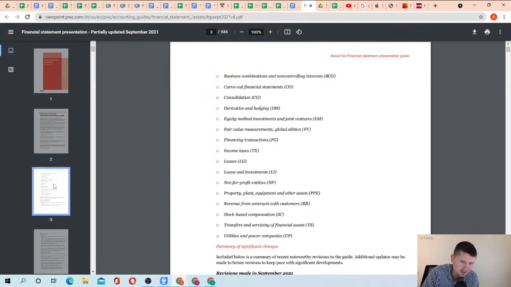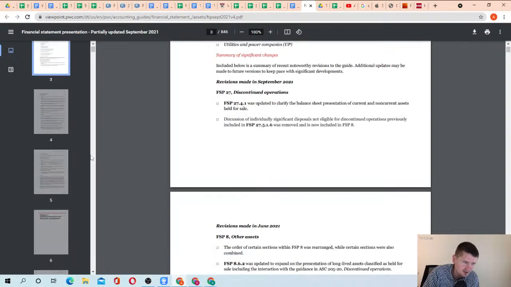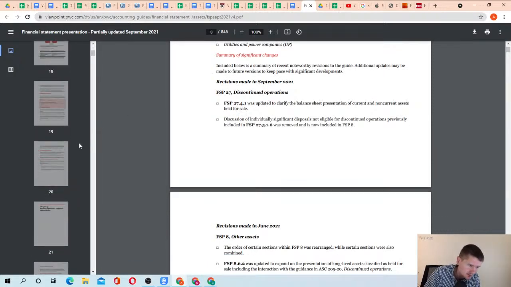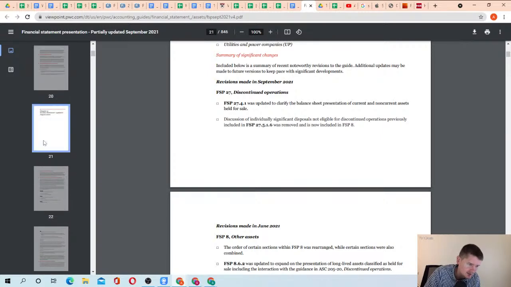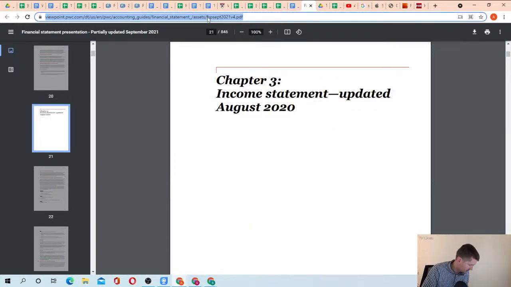And the last statement to review will be the income statement here, page 22 in the audit guide. If you haven't already done so, here is a link to the audit guide.